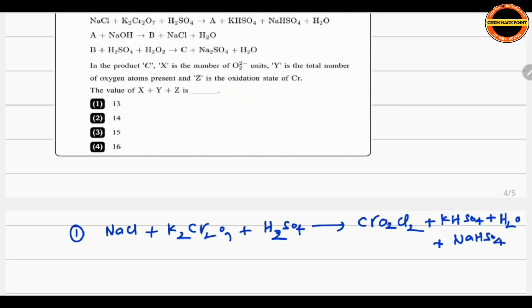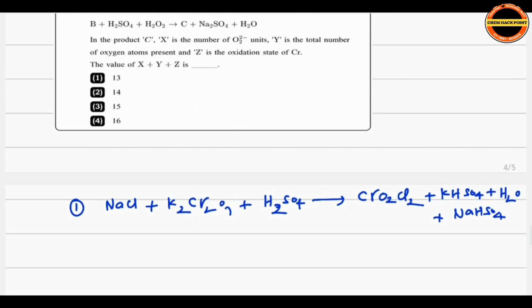So in the product C, X is the number of O2 2− units, Y is the total number of oxygen atoms present, and Z is the oxidation state of chromium. Let us see now.